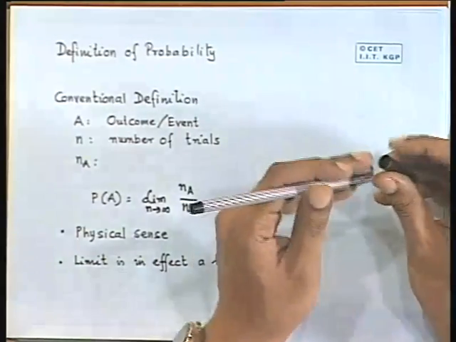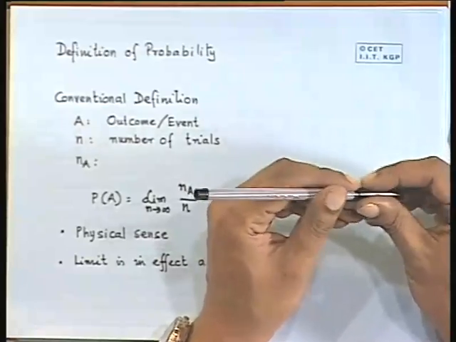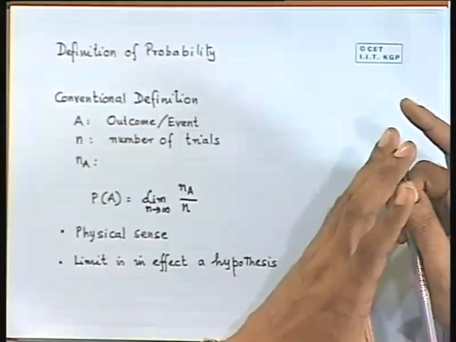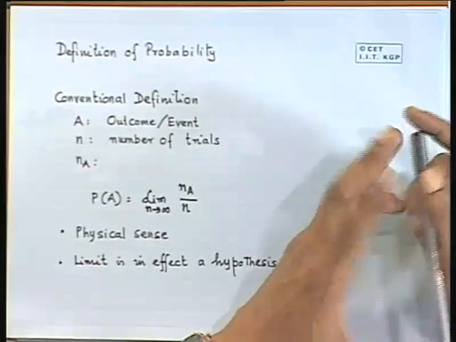So if you toss a coin, we say that if you have a fair coin, then the probability of a head occurring is 0.5. Now, does it mean that if you toss a coin twice, you will get one head and one tail?